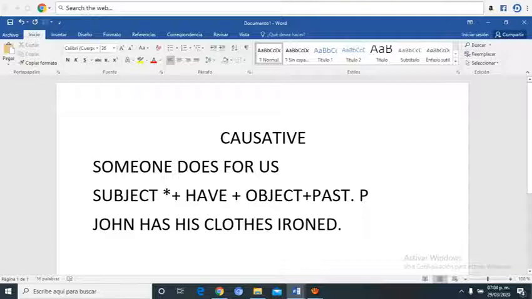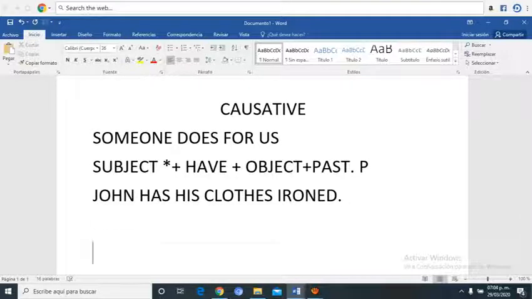Okay? So if you have doubts about the verbs in past participle, remember that you have in your grammar book, on page 159, a list of verbs with the tense in past participle. Okay? So we can use this in different tenses. What do I mean?